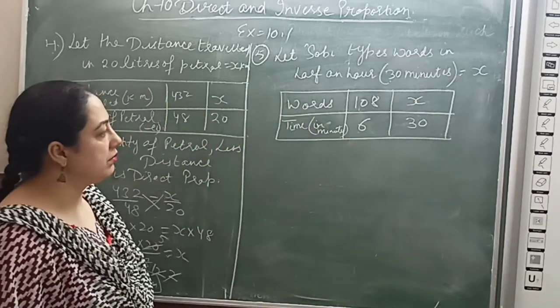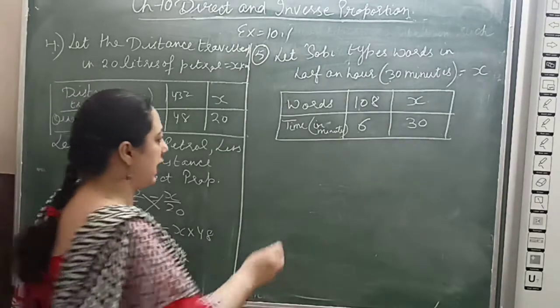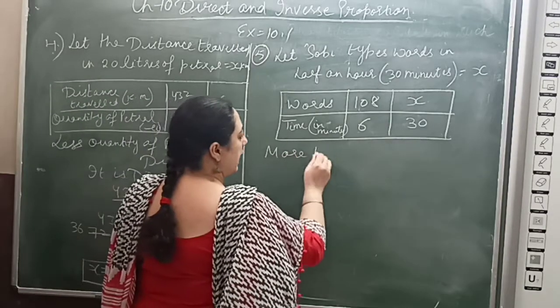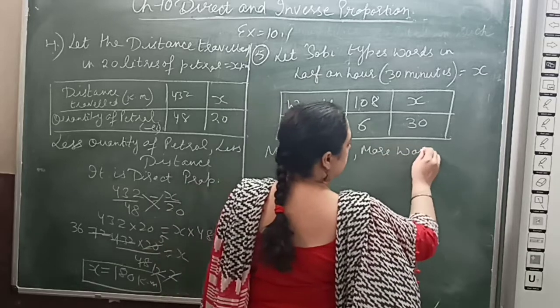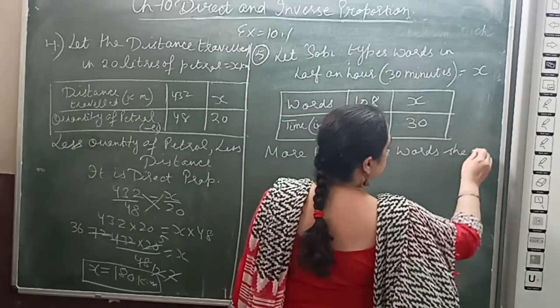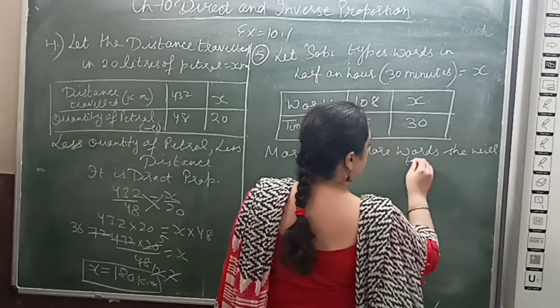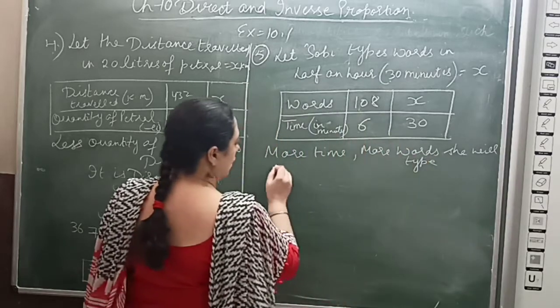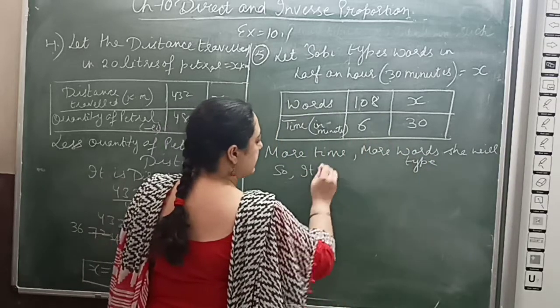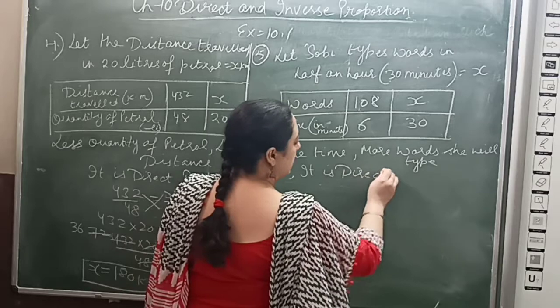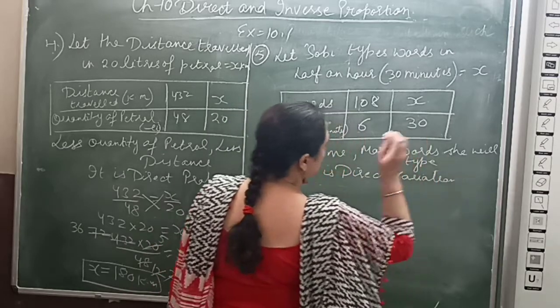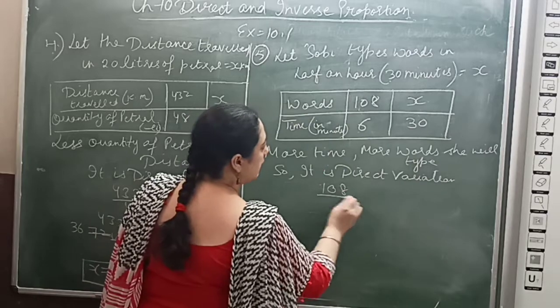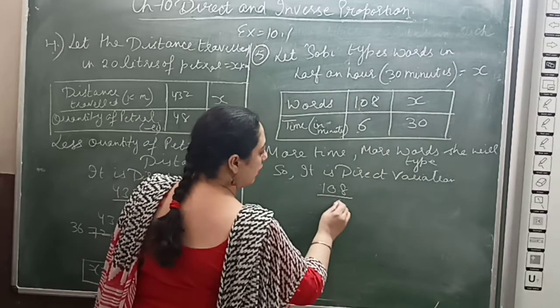More time, more words she will type, right? So it is direct variation. And you know, in direct variation, both ratios are equal.